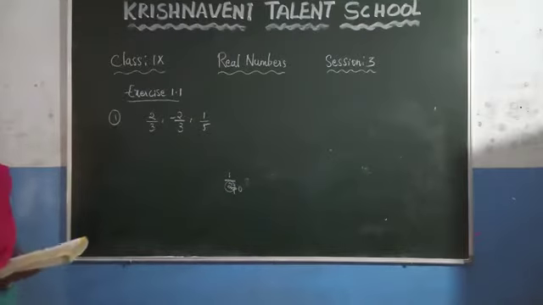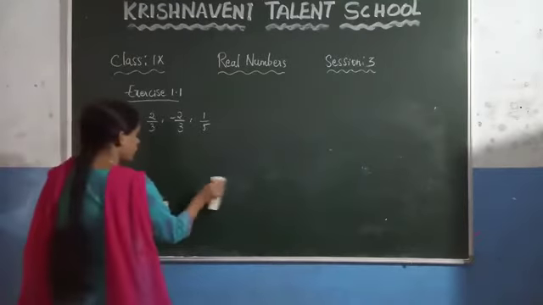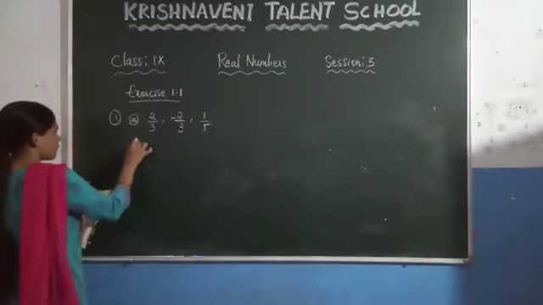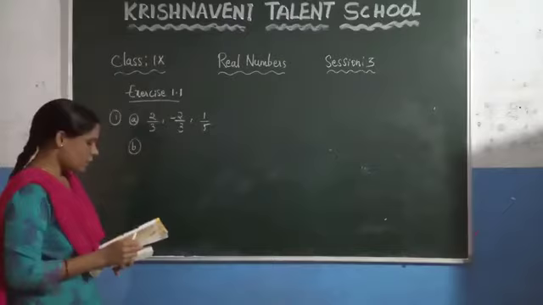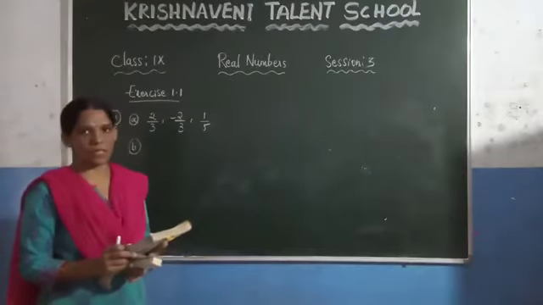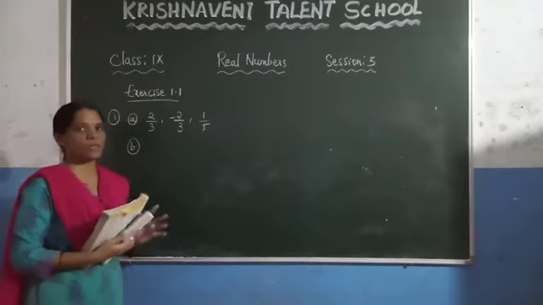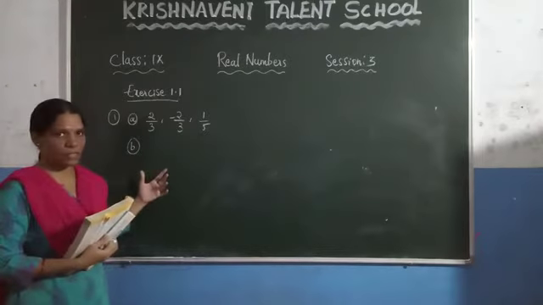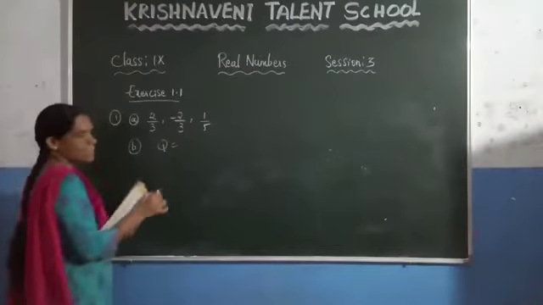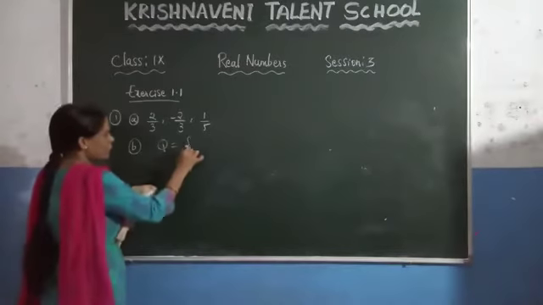Now see the second question. In the first one, this is A, and see the second one. Here they asked, write rational numbers in your own words. What is meant by rational numbers? You will define rational numbers in two different ways. You know that the rational numbers are denoted by the letter Q. And how do you define?